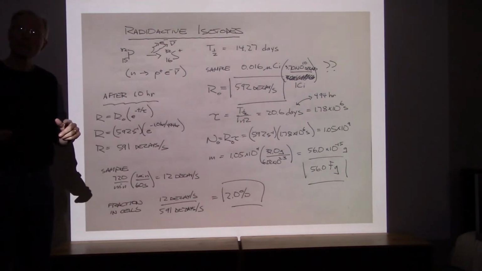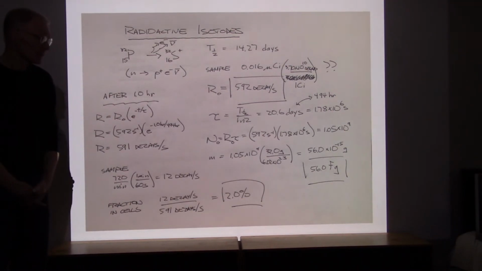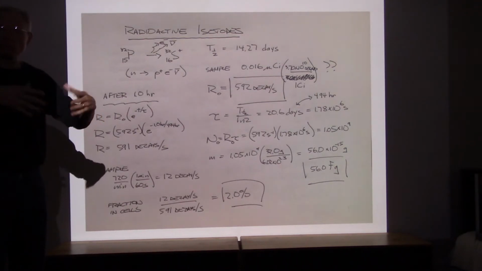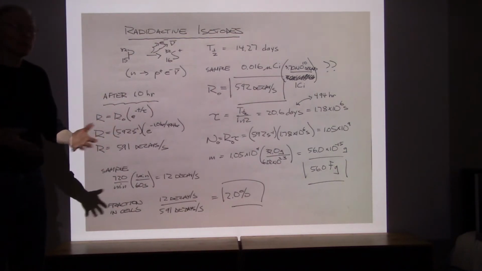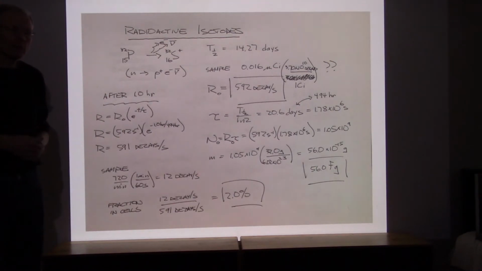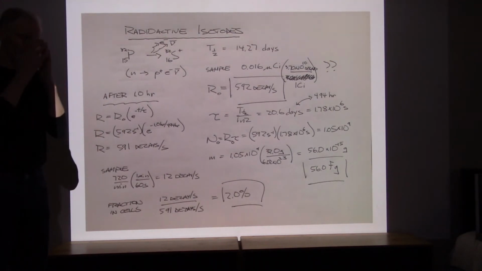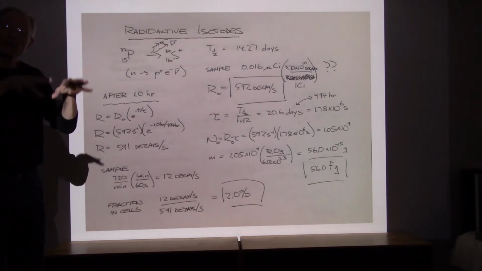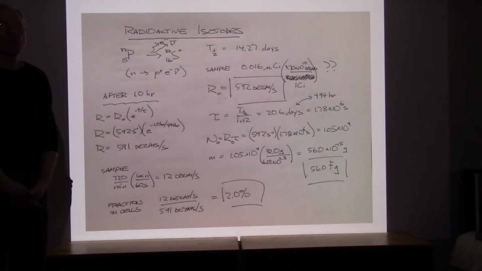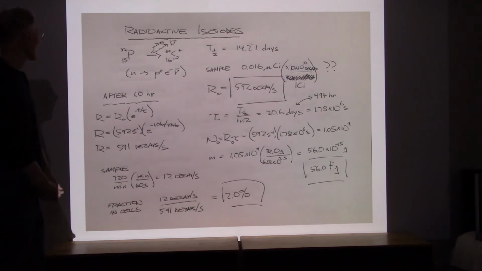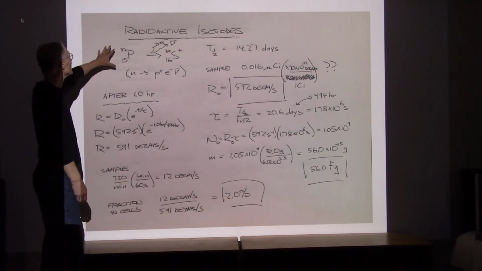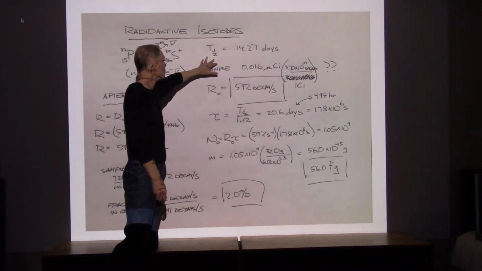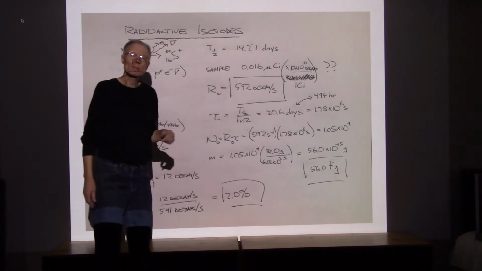So the idea would be to make some kind of a medium in which we can grow these cells, these organisms, with radioactive phosphorus, and then after some amount of time wash off the cells and then sample the cells and see how much of the phosphate has been taken up. That's how the problem's outlined. Well, here's the reaction. It's a beta minus decay process, and the half-life of this phosphorus-32 is 14.27 days.